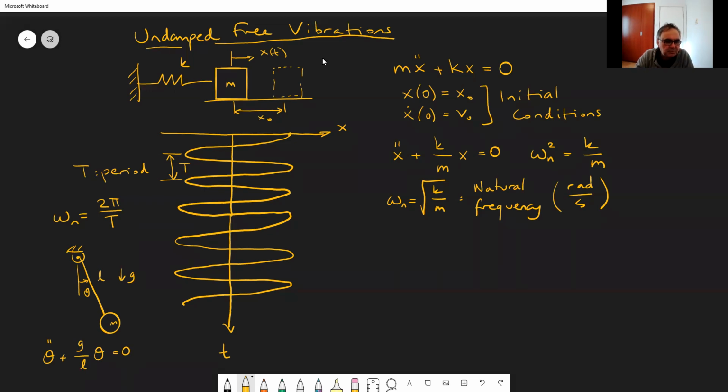So for the pendulum, the natural frequency is root g over L, where g is the gravitational acceleration. The pendulum's natural frequency depends on its length, not on its mass. So the term in front of theta or in front of x is the natural frequency squared, omega n squared.